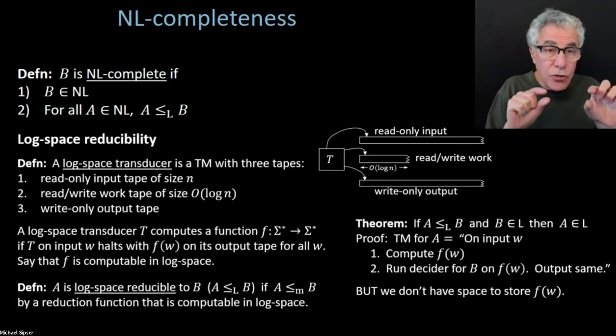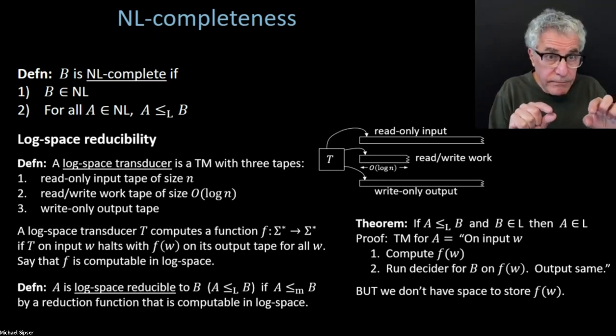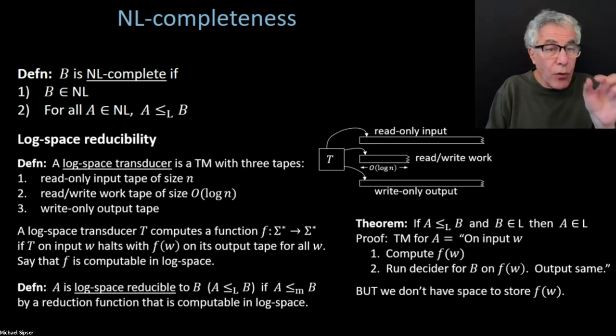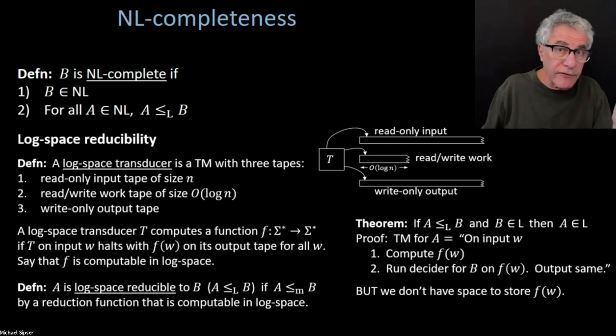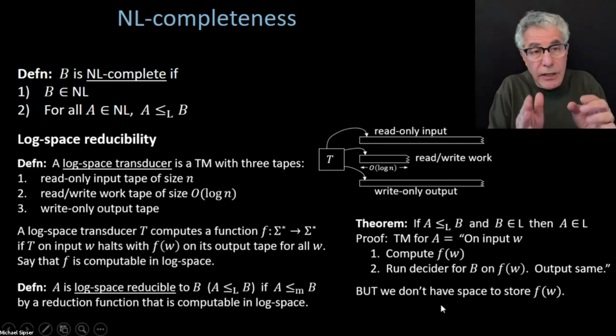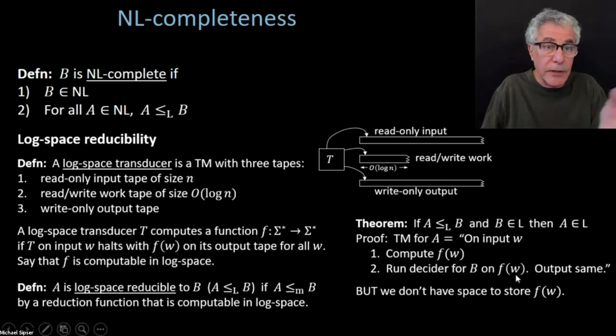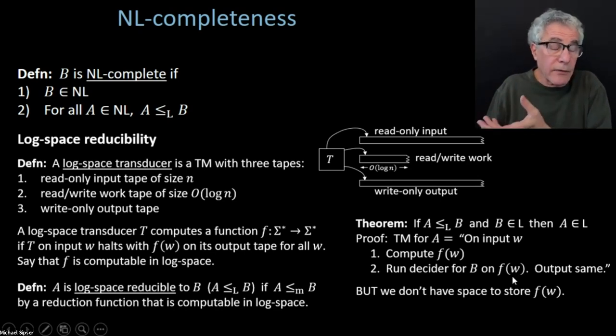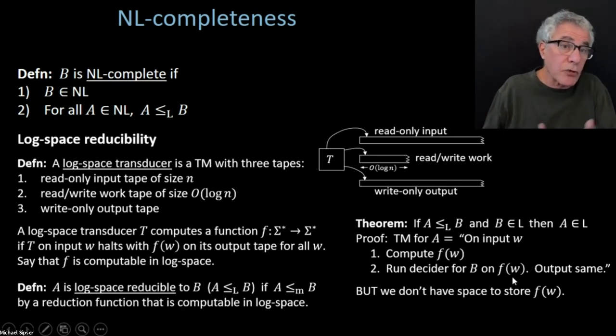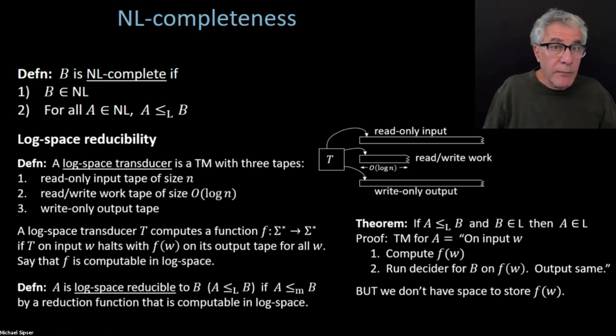If you think about how the Turing machine operates on its input, it only looks at one symbol at a time. It starts out reading the leftmost symbol of f of w. Then maybe it moves its head right to the second symbol, then the third symbol. Maybe it gets up to the 10th symbol. Maybe it moves its head back and goes to the 9th symbol and the 8th symbol. But the Turing machine's head, which is deciding B, only looks at one symbol of f of w at a time.